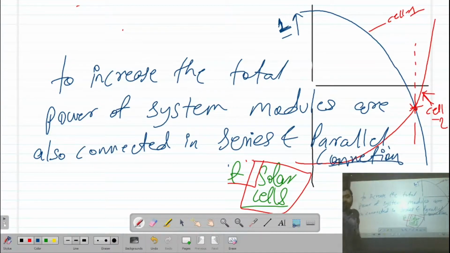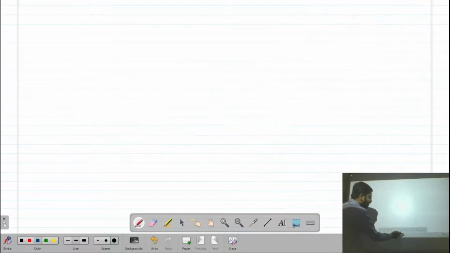Now let us see how modules are connected. We have already seen it, but let us see one of the pictures.